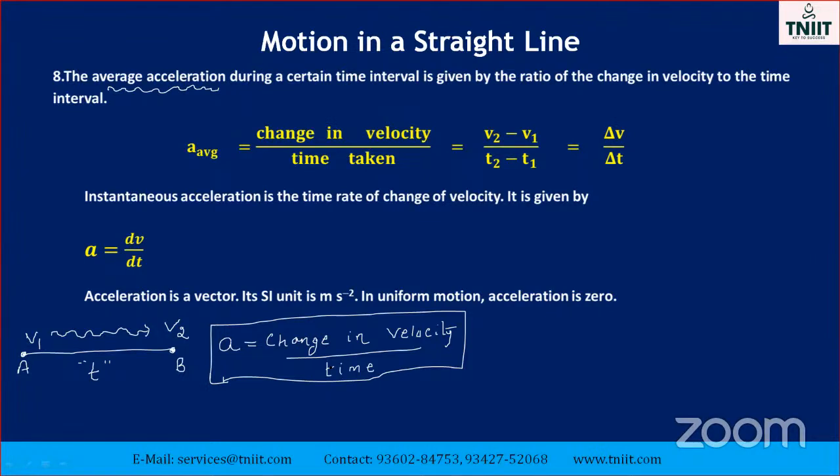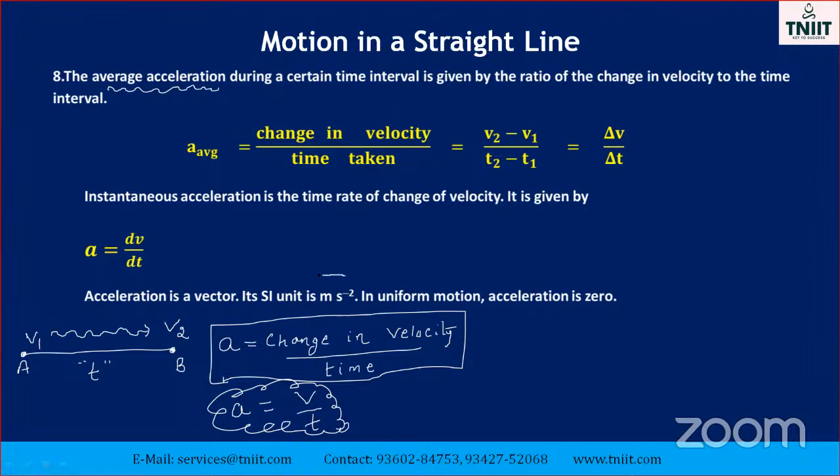Now, if v is the change in velocity and t is the time taken, then the acceleration is given by the formula velocity divided by the time. So acceleration is equal to velocity divided by the time. What is the SI unit?